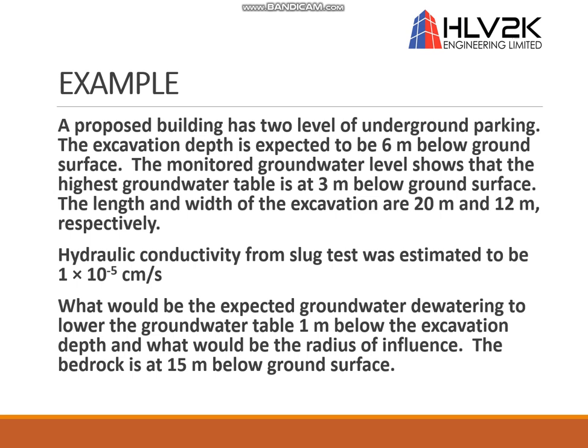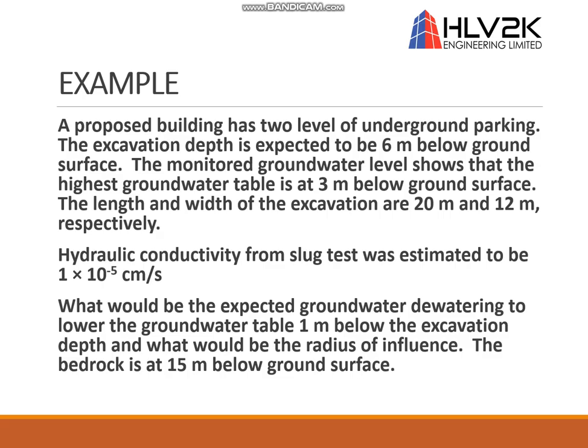Now let's do one example. A proposed building has 2 levels of underground parking. The excavation depth is expected to be 6 meters below ground surface. The monitored groundwater level shows that the highest groundwater table is at 3 meters below ground surface. The length and width of the excavation are 20 meters and 12 meters respectively.